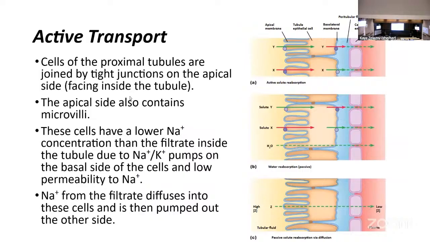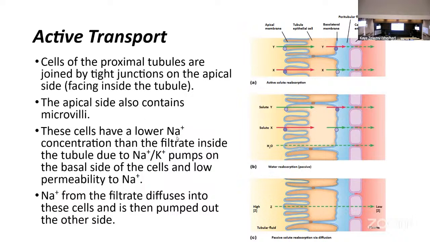Okay. So when we think kind of where this is happening, we looked at our locations. So we have tight junctions between our cells, kind of a little bit more towards the top of the cells, towards that apical side. We do know that they're going to be a little bit leaky, which will come into play when we're looking at the water. We know that that apical side is also really good at reabsorbing, in part because it has so much surface area from that brush border, which is made up of the microvilli. Right?